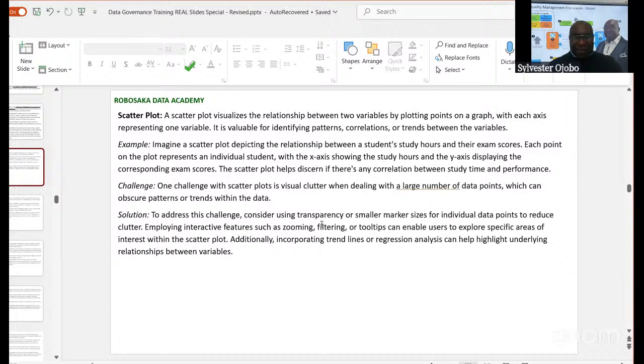So each point on the plot represents an individual student, with the x-axis showing the study hours and the y-axis displaying the corresponding exam scores. So the scatter plot helps us see if there's any correlation between study time and performance.